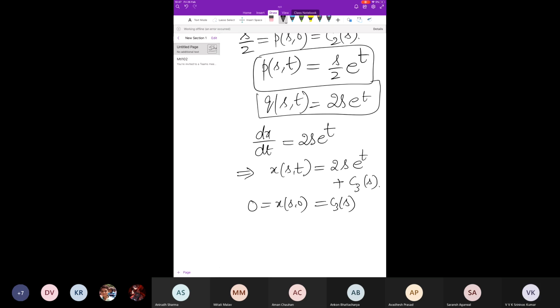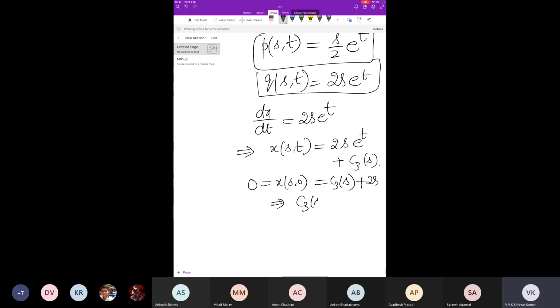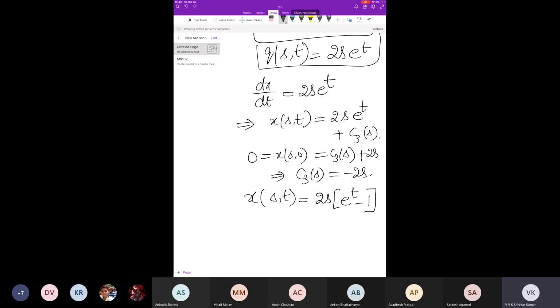Put t is equal to 0, then this implies C3s is equal to minus 2s. So XST is 2s times exponential t minus 1.